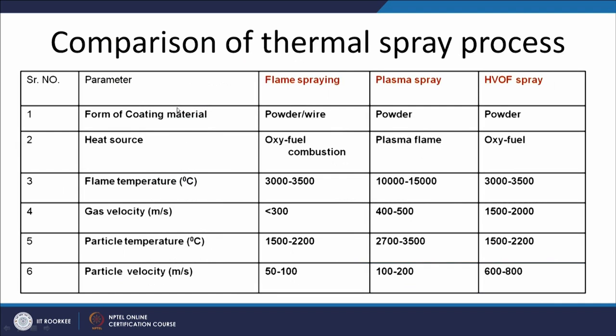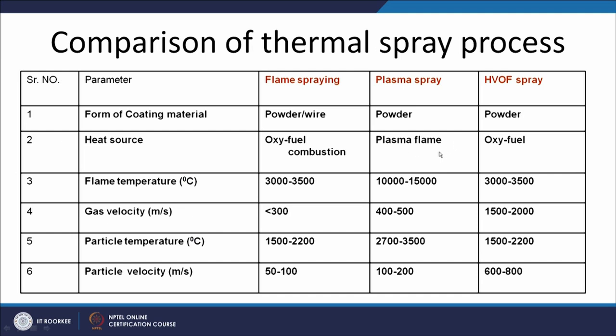Here is the comparison of the different spray processes: flame spray, plasma spray and high velocity oxyfuel spray. In all these processes, powder is used as the feed material or consumable for depositing the coating. The heat source in the case of flame spray, and also in the HVOF process, is oxyfuel combustion, while in plasma spray it is the plasma arc.